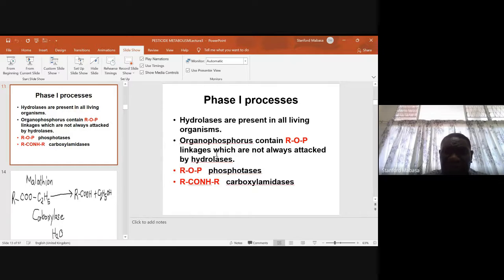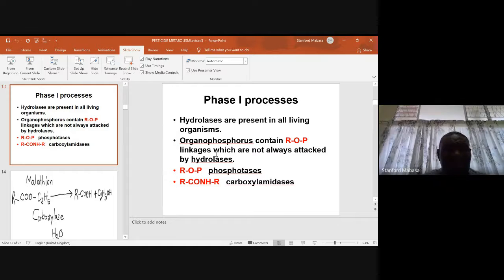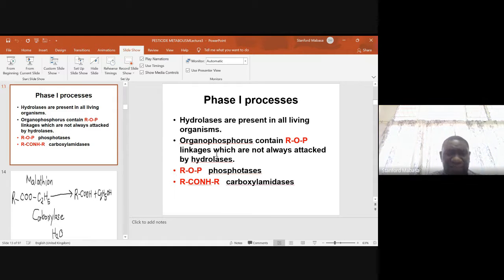Now, organophosphorus contain the P-O-R linkages. And the P-O-R linkages are attacked by hydrolases. And probably we could have special names for these hydrolases. For those ones which specialize on P-O-R linkages, we may call them phosphatases.